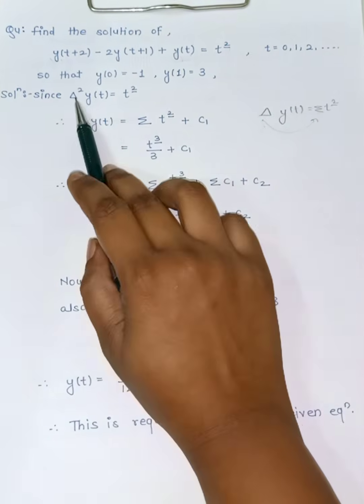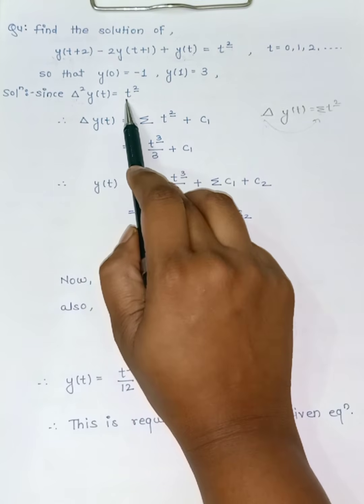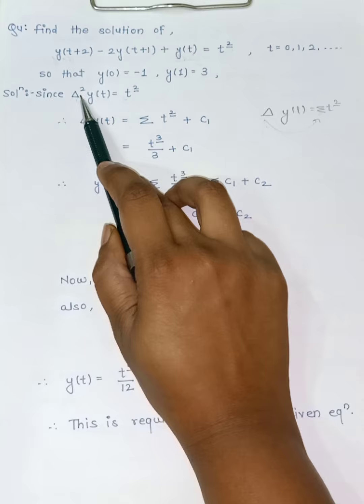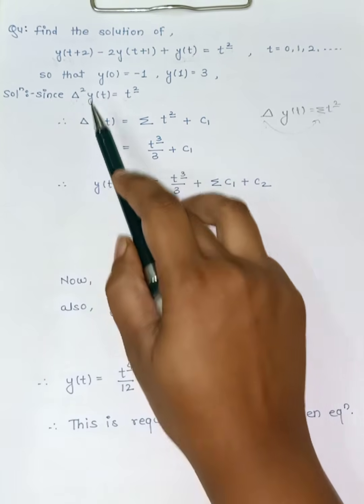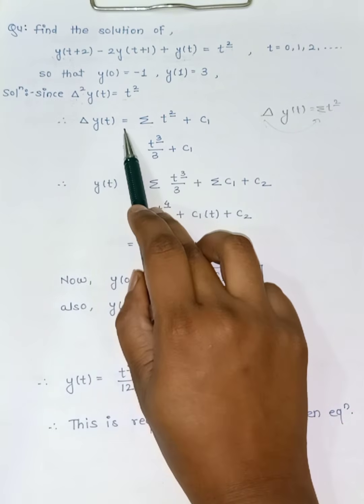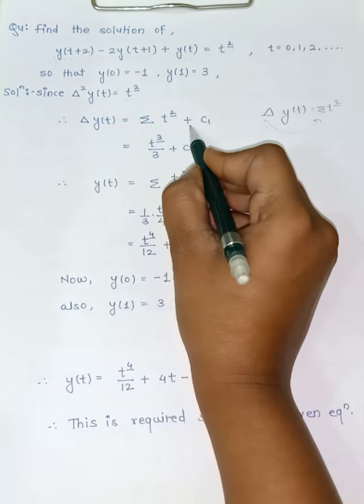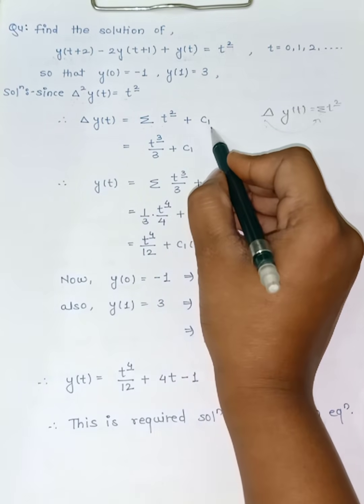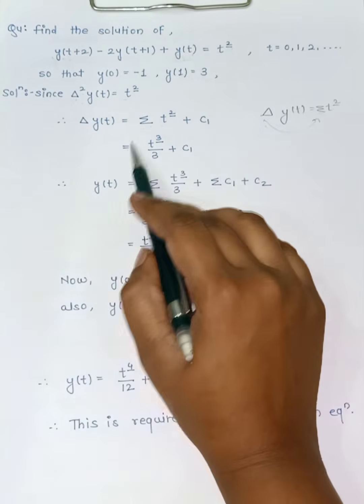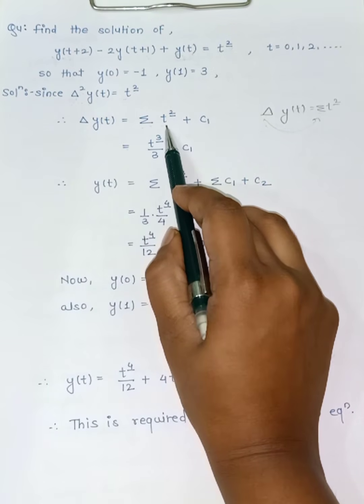There are two deltas here, so one is remaining and one became summation. So delta y of t equals summation of t to the falling 2 plus c1. This is the constant.